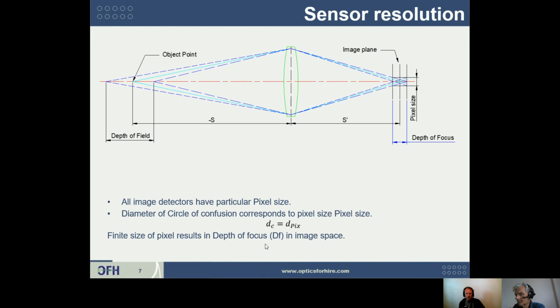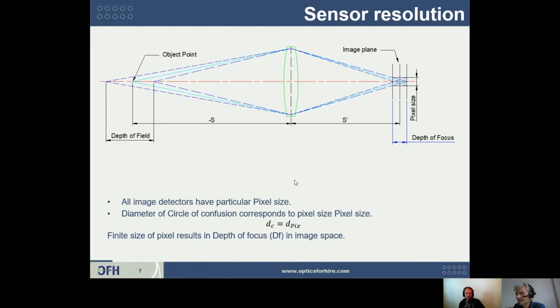Okay, so does that mean a smaller pixel size has a smaller depth of field? Yes. Okay, smaller pixels means smaller depth of field because your image doesn't appear in focus, and larger pixels allow you better depth of field.